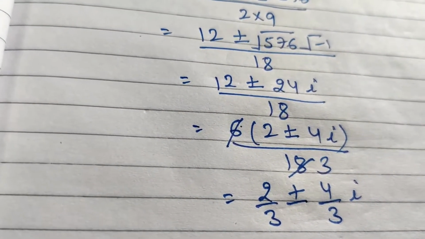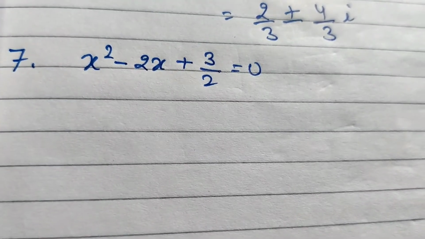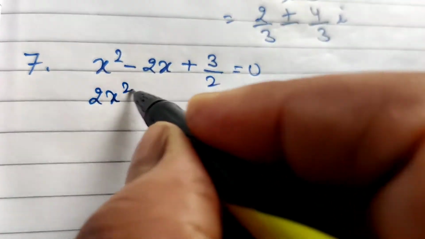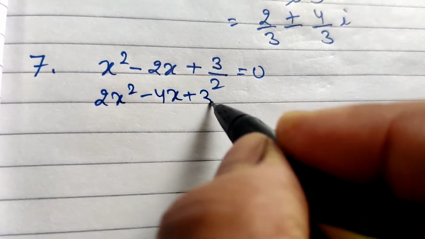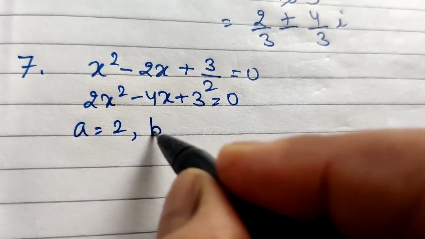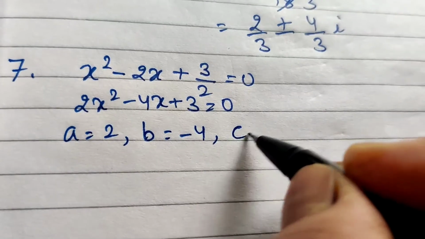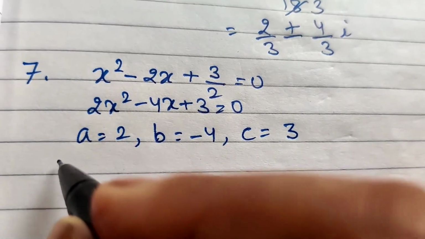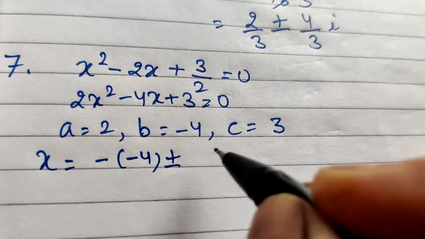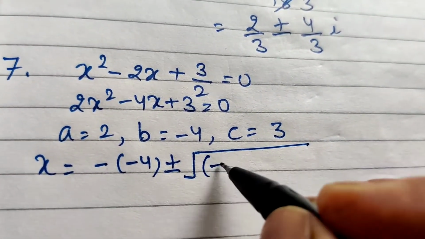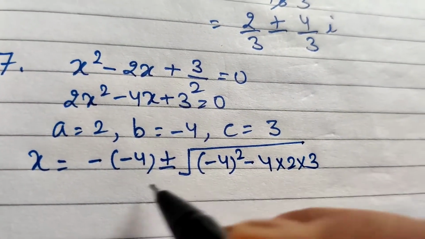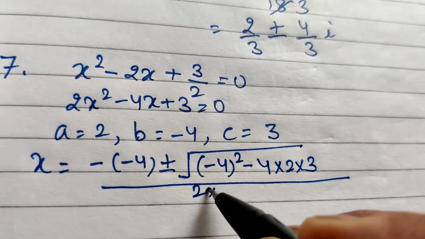Question number 7. x square minus 2x plus 3 by 2 equal to 0. The equation is 2x square minus 4x plus 3 equal to 0. a equal to 2, b equal to minus 4 and c equal to 3. Put the formula for x: minus b plus minus root b square minus 4ac upon 2a, 2 into 2.